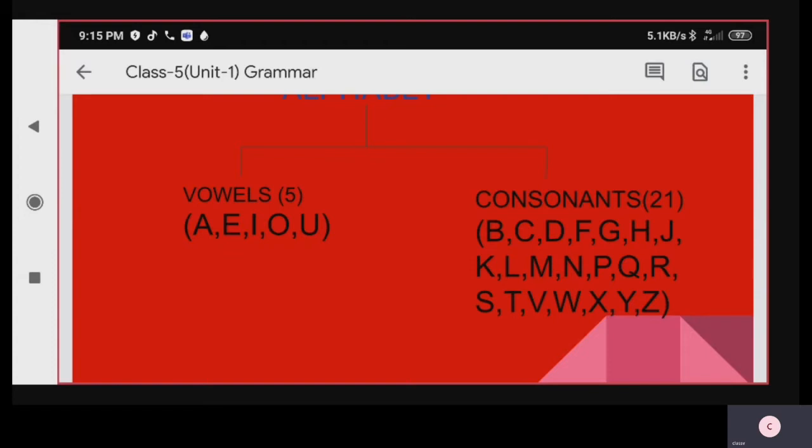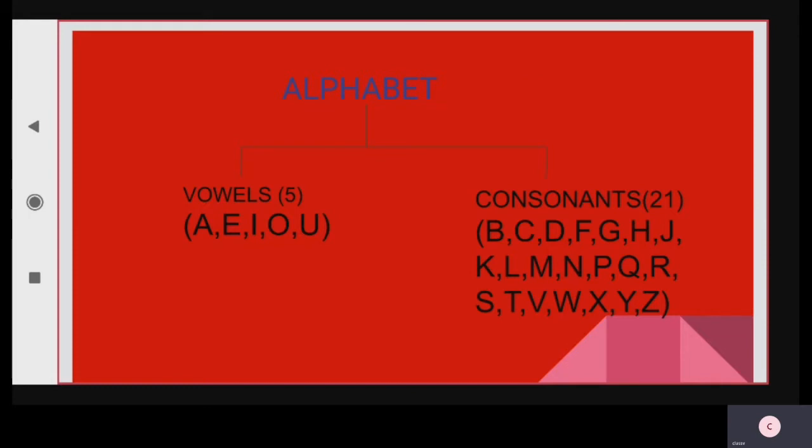Next is a consonant. A consonant is a sound that is made by blocking or stopping air from flowing out of the mouth with the teeth, tongue, lips, or palate. And there are 21 letters in a consonant.